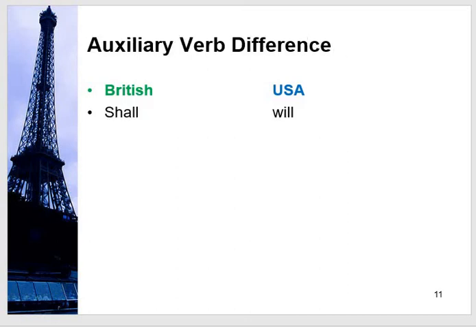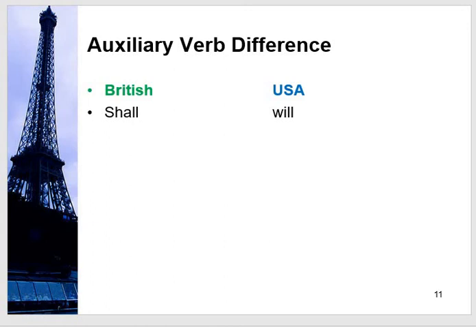Auxiliary verbs. British English follows shall and will in future tense, like shall and will in simple future, shall be, will be in future progressive, shall have, will have in future perfect, shall have been, will have been in future perfect progressive.